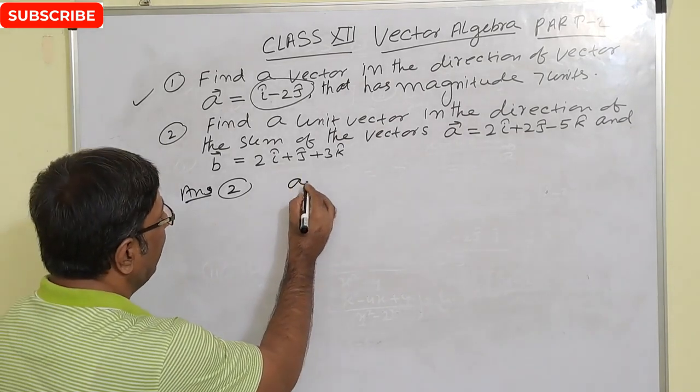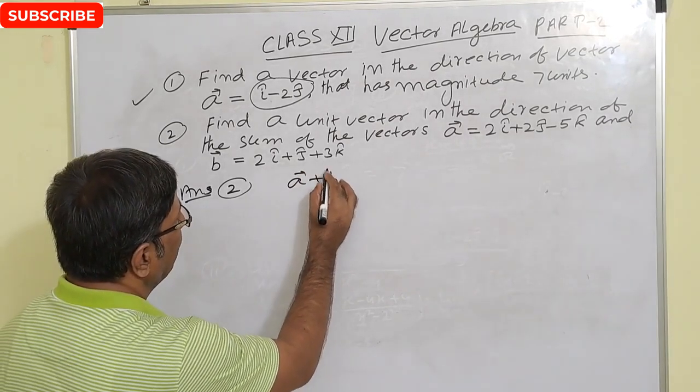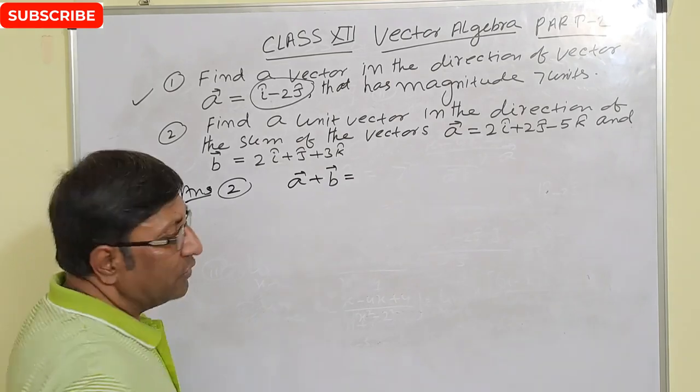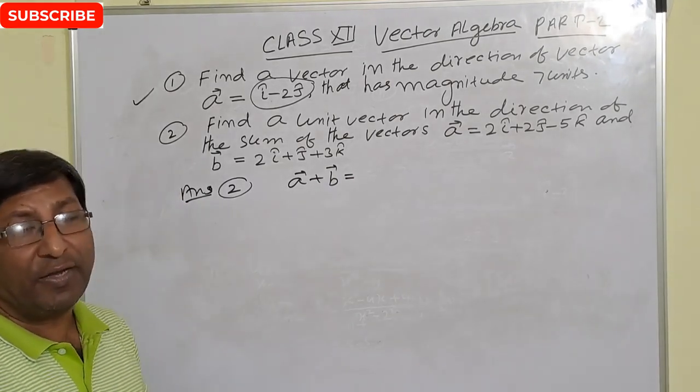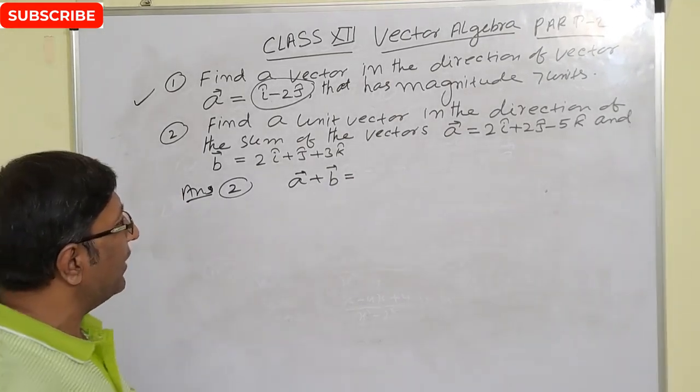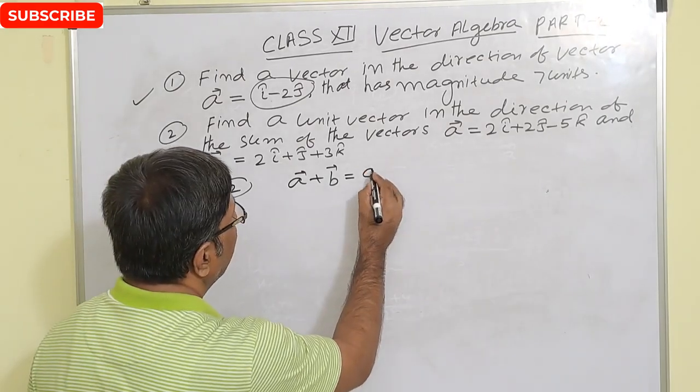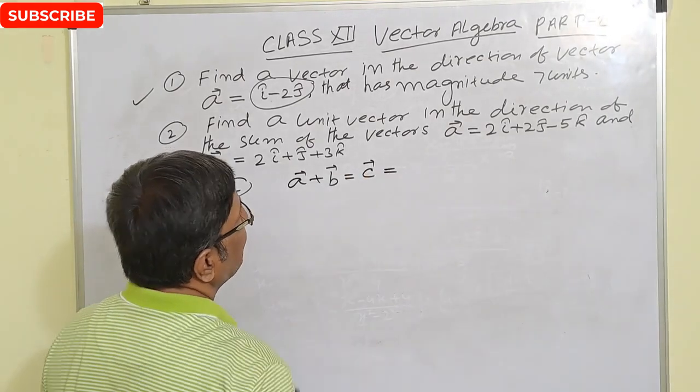So vector A plus vector B. The sum of two vectors will also be a vector. So A vector plus B vector equals, suppose, C vector. What is the C vector?